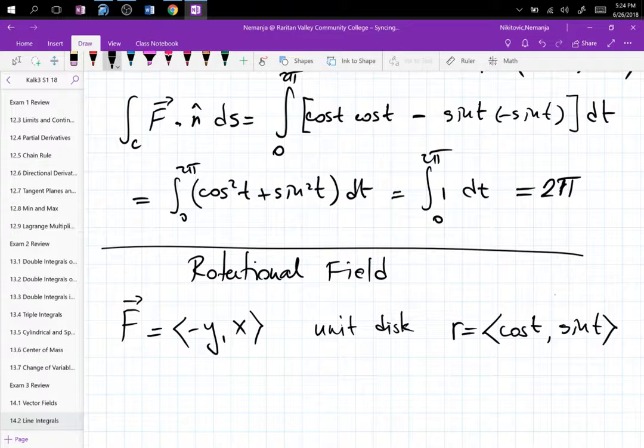And then r prime is negative sine t, cosine t.